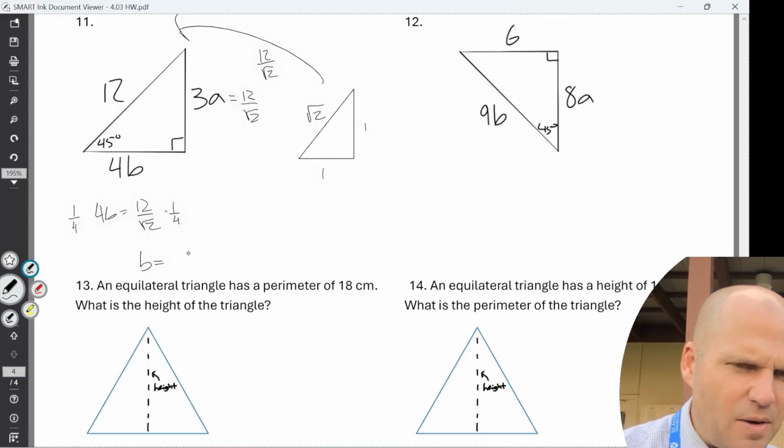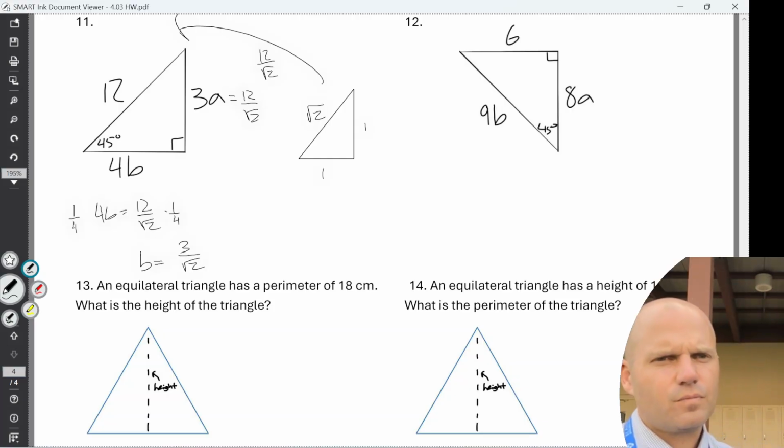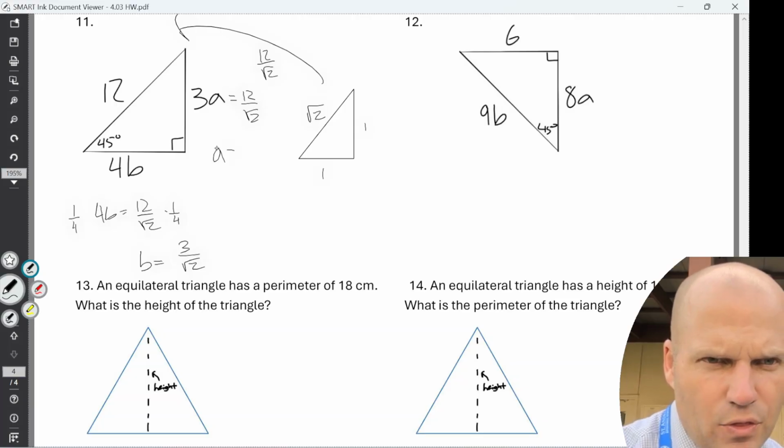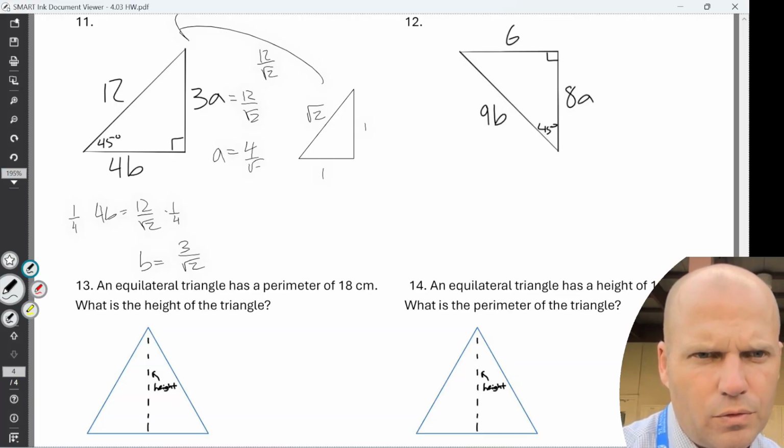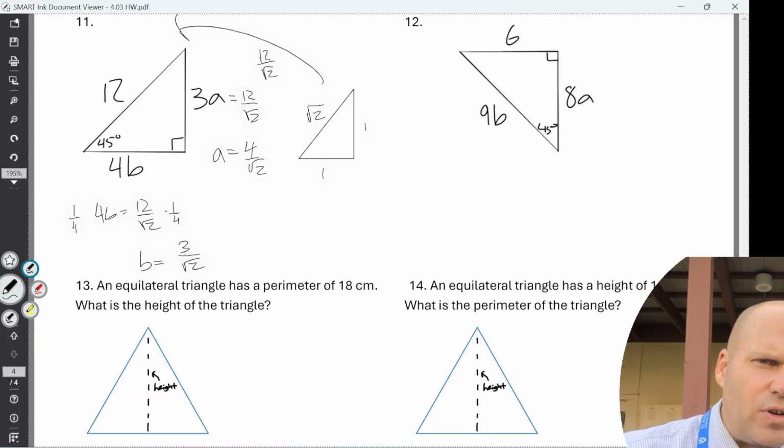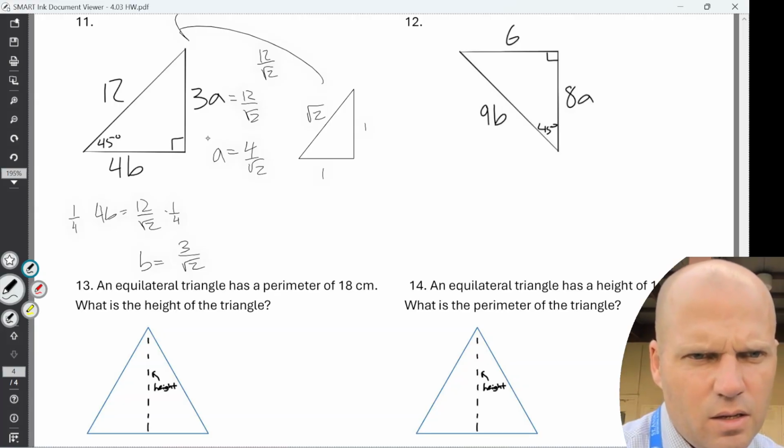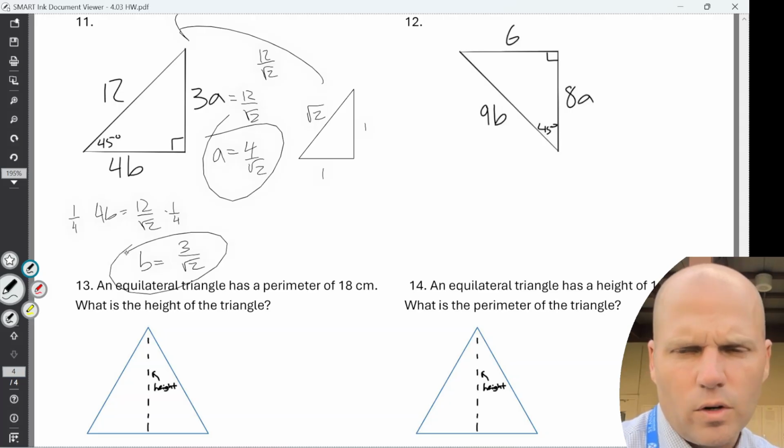I can divide the top and bottom by 4, or just divide by 4 to start with, and I get 3 over root 2. Here, if I divide by 3, I'd get 4 over root 2. I could divide the 12 by 3 or divide 12 by 4.